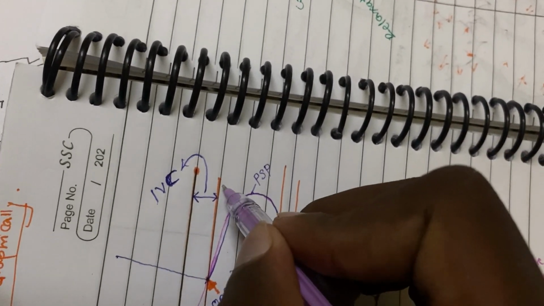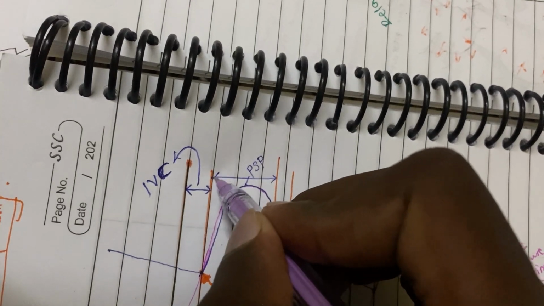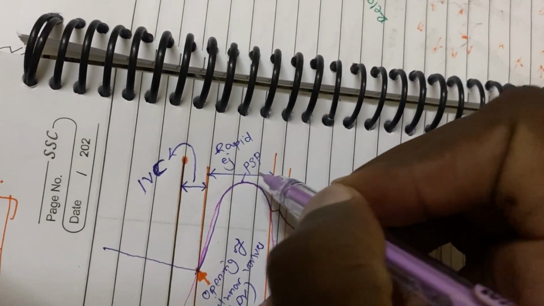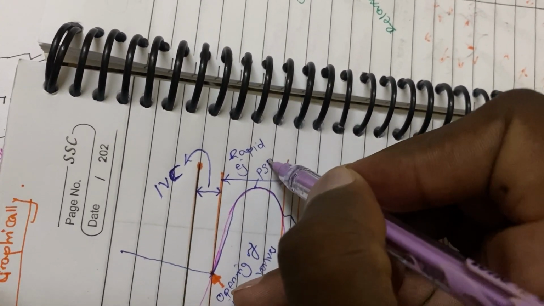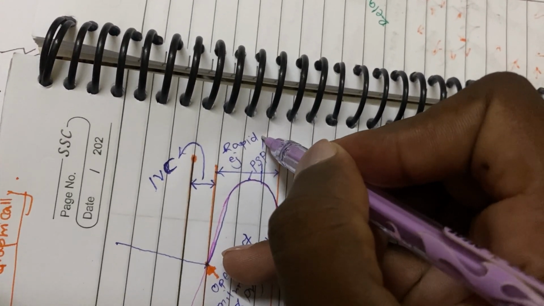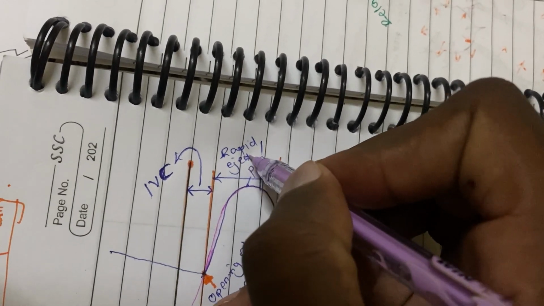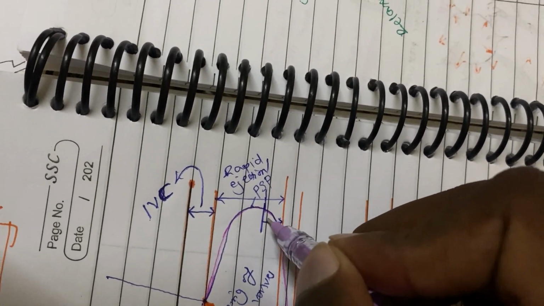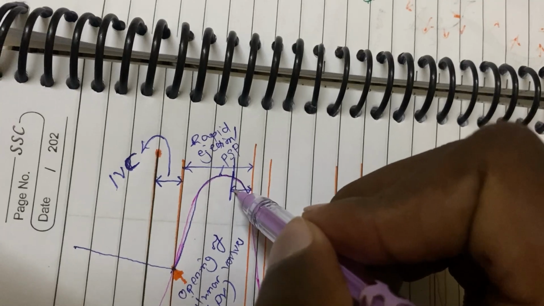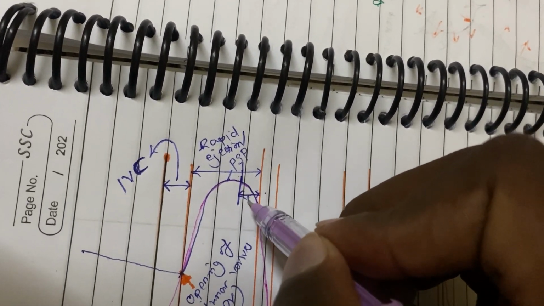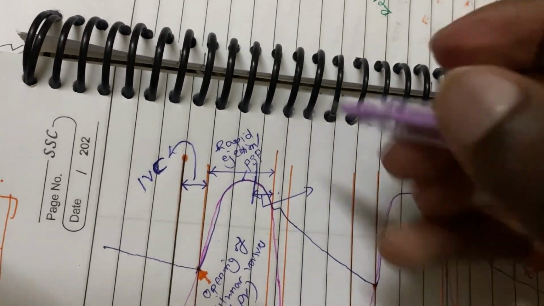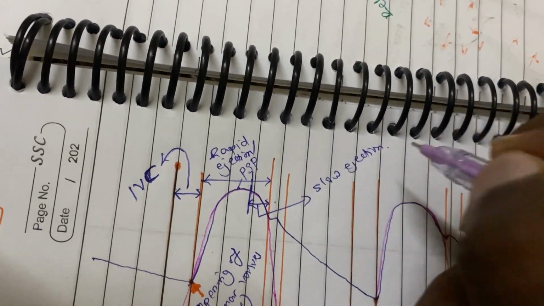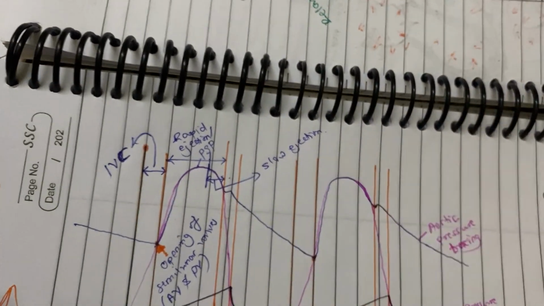This phase from here to about here is rapid ejection, and then from here to this yellow line, it is slow ejection. But we are still in ejection because the aortic valve has not closed.